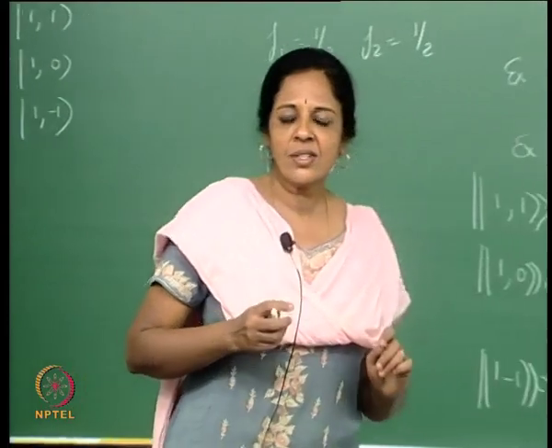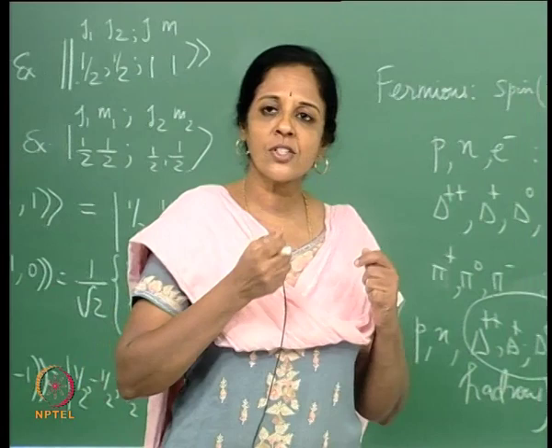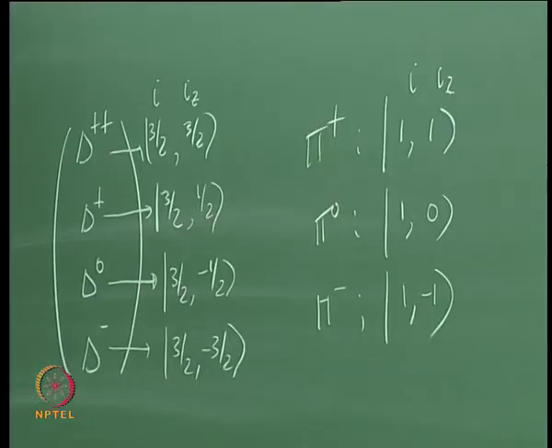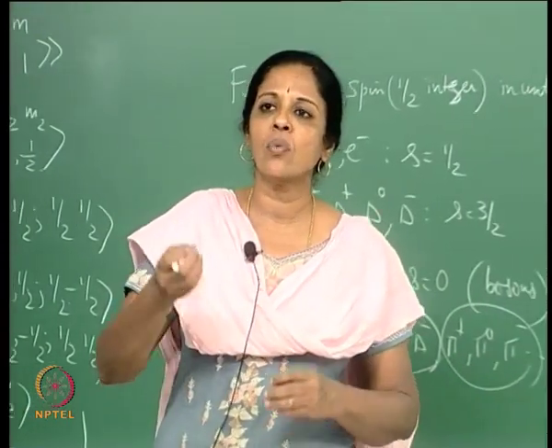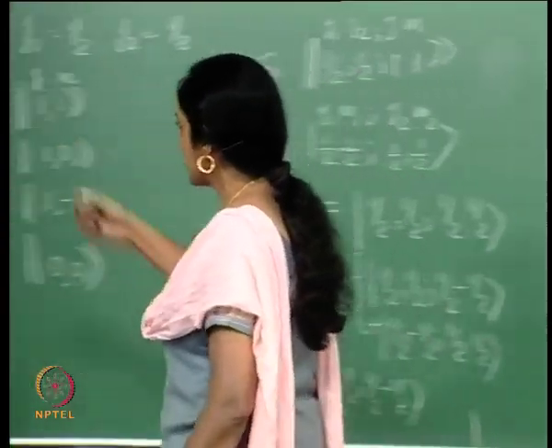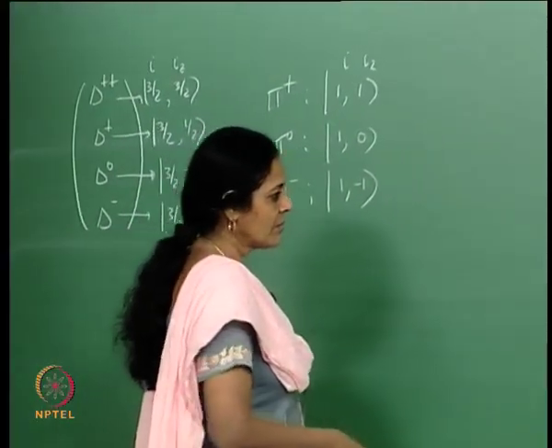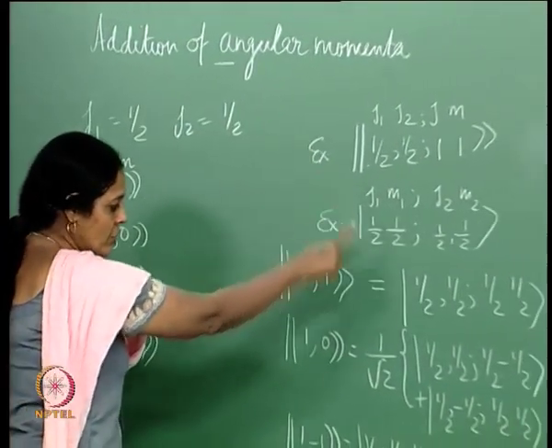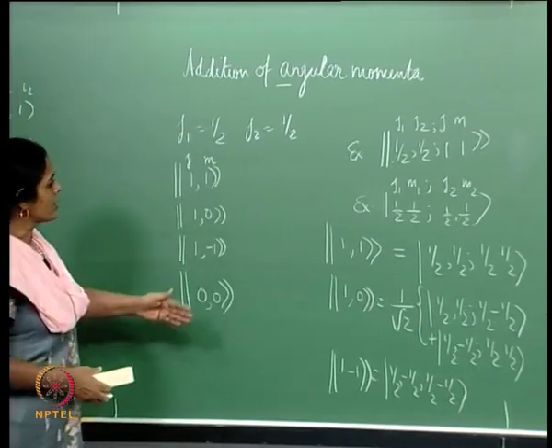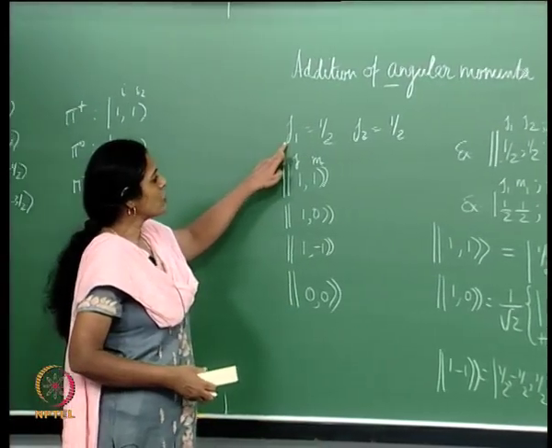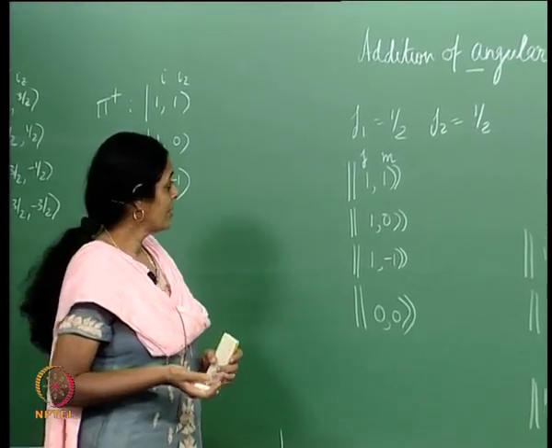Isospin and Iz are 2 labels like the charge or like the spin of a particle. They are quantum numbers corresponding to a particle, and 2 particles will differ at least in 1 quantum number. These are just examples of quantum numbers which label particle states. In any case, that was a digression, but in the context of what I have done here, I could think of this whole exercise as being done in the context of combining 2 isospin equals half objects.